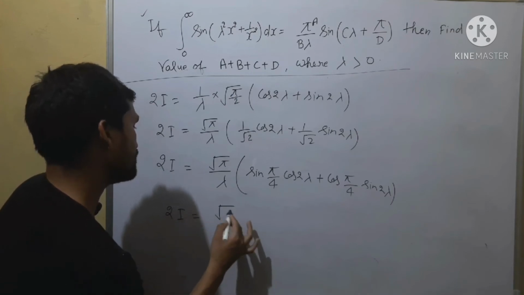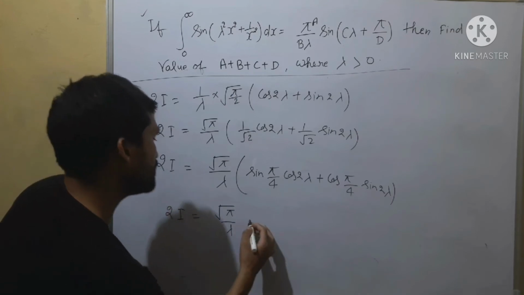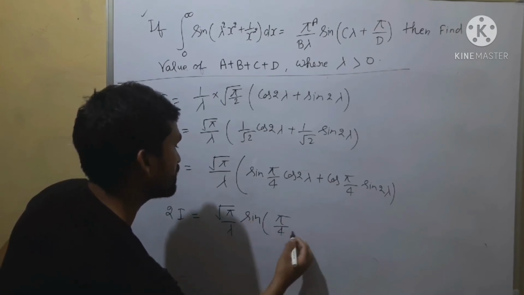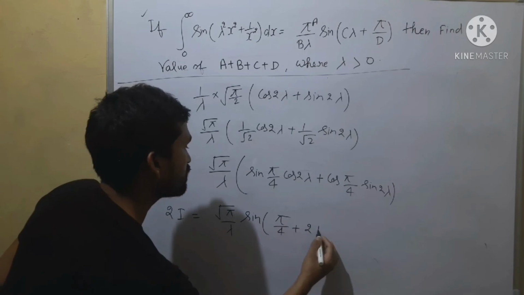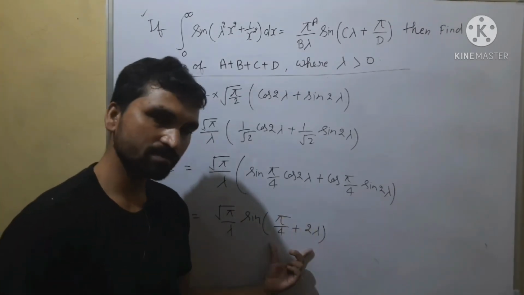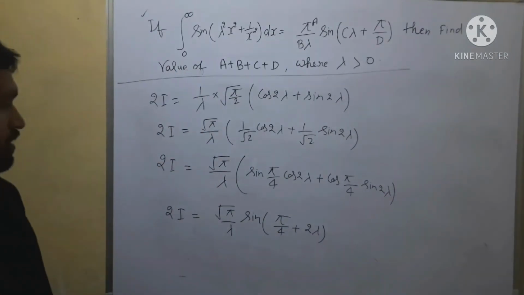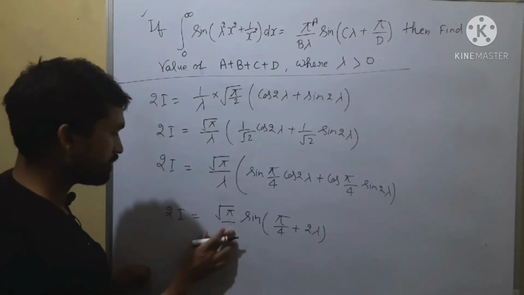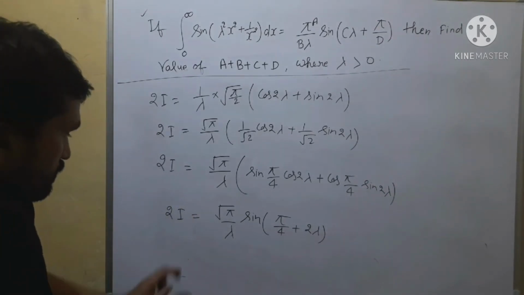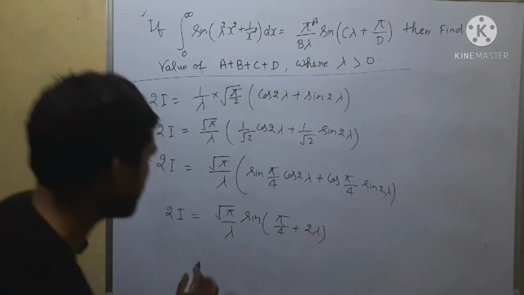Square root pi by lambda, we can write it as sin of pi by 4 plus 2 lambda. This term can be replaced by this. Okay, now we have to find out I. So I will be what?